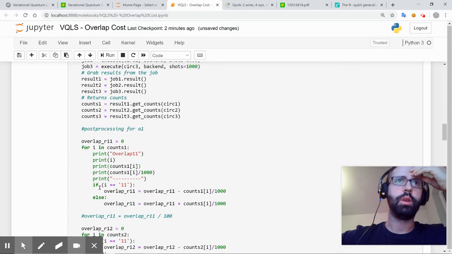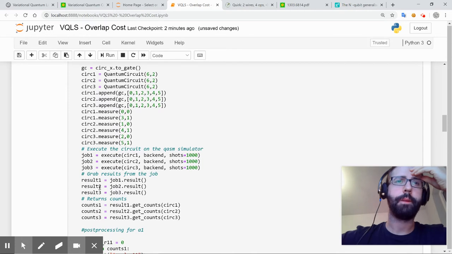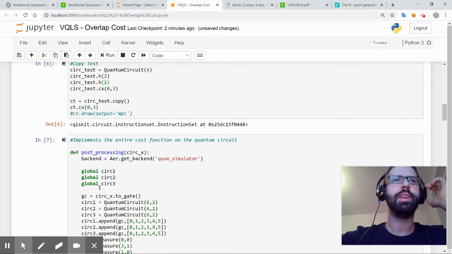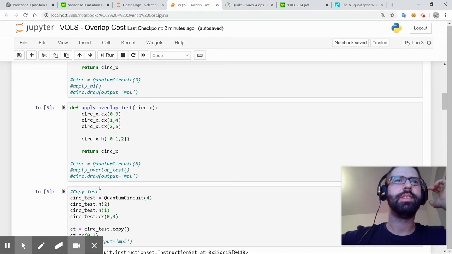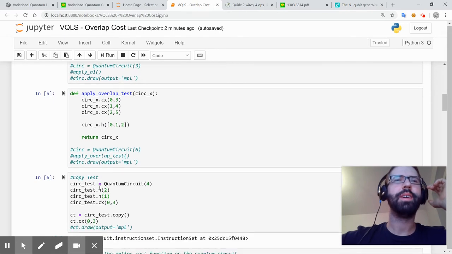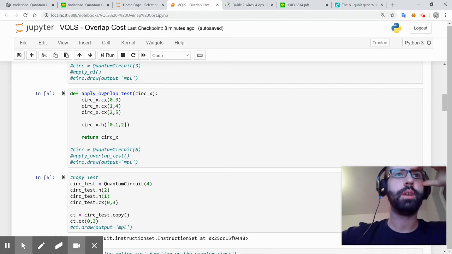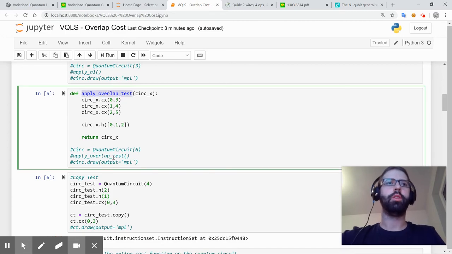What is the circuit doing? Oh, ouch. This doesn't add the overlap test. That's what I should do first. That's the overlap test, right? It's doing 0, 3, 1, 4, 2, 5 and then 0, 1, 2. Yeah. It should apply the overlap test.